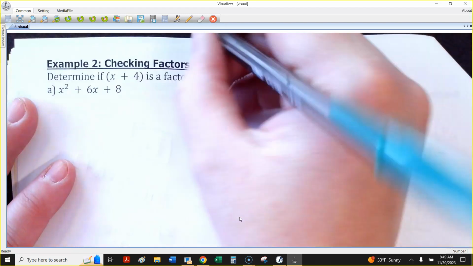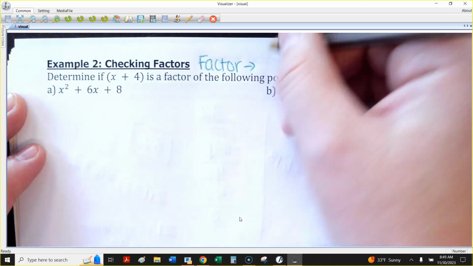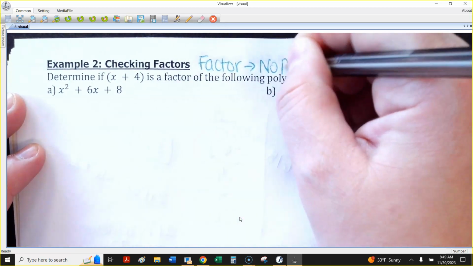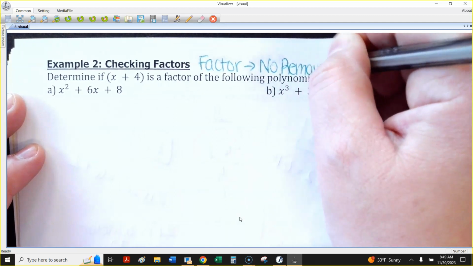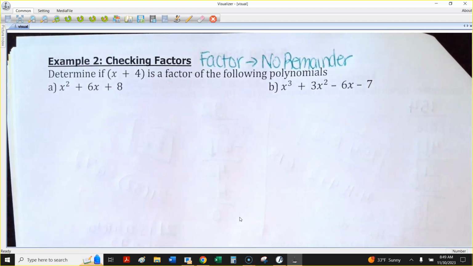If it is a factor, then you can determine that if you have no remainder. So something will be a factor of a polynomial if you have no remainder. So if I have no remainder, my answer will be yes. If we end up with a remainder when we do this division, then our answer would be no. So if there's a factor, it divides in evenly with no remainder.